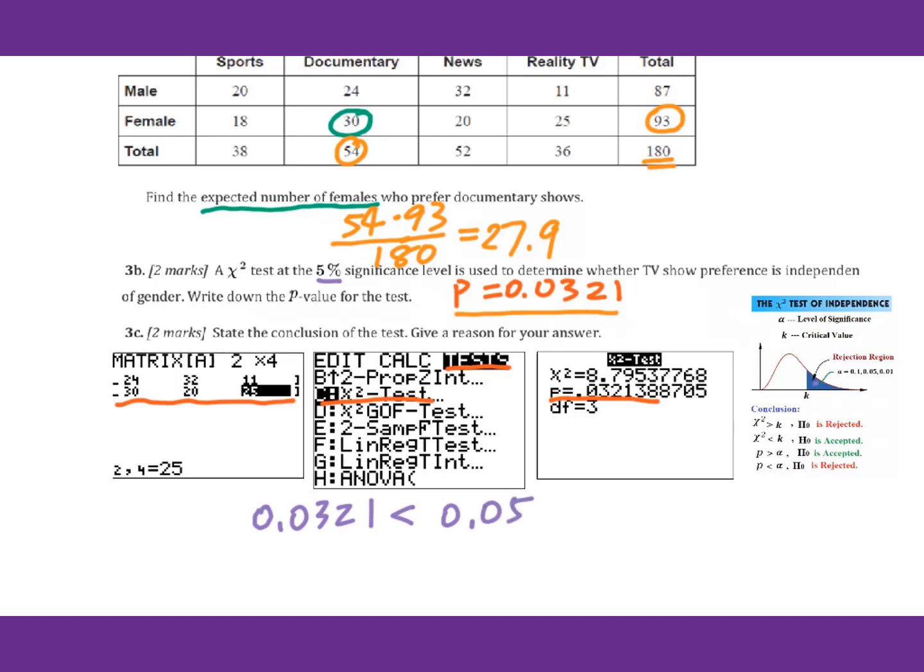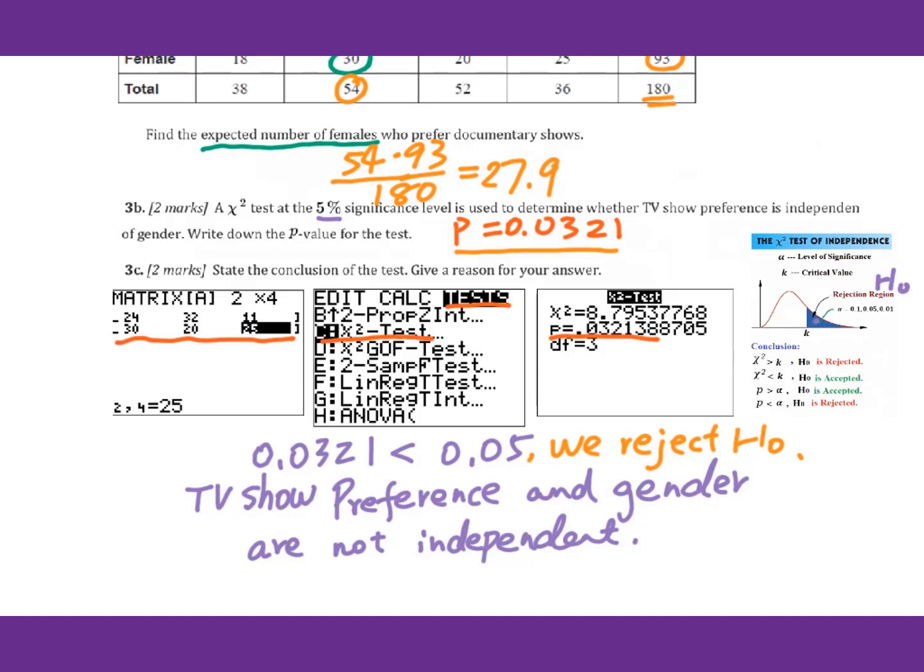So they fall into the rejection region, reject H0. So we reject H0. In other words, TV show preference and gender are not independent.